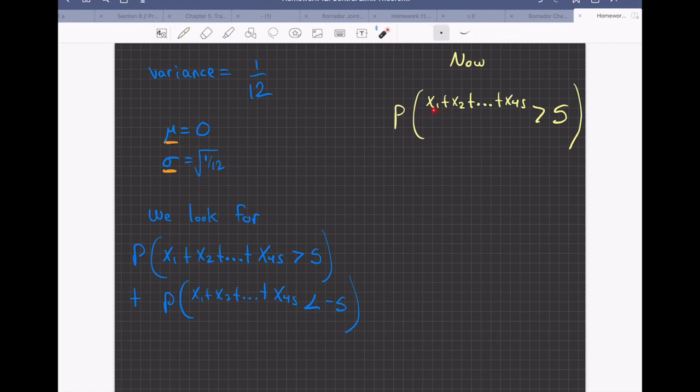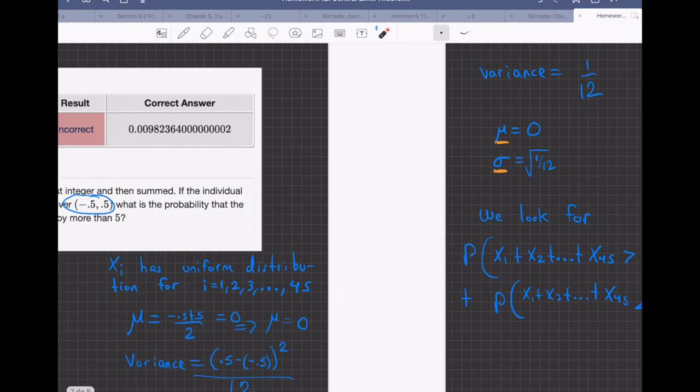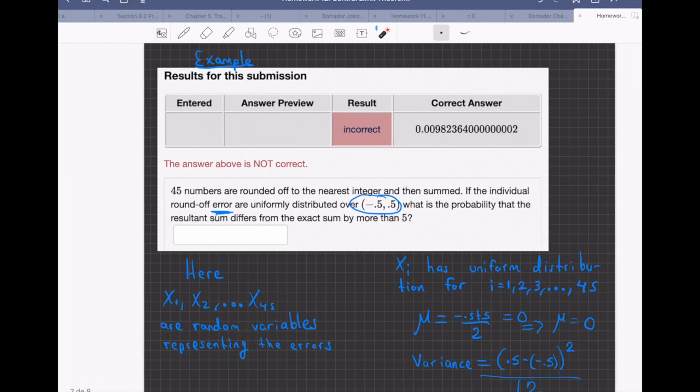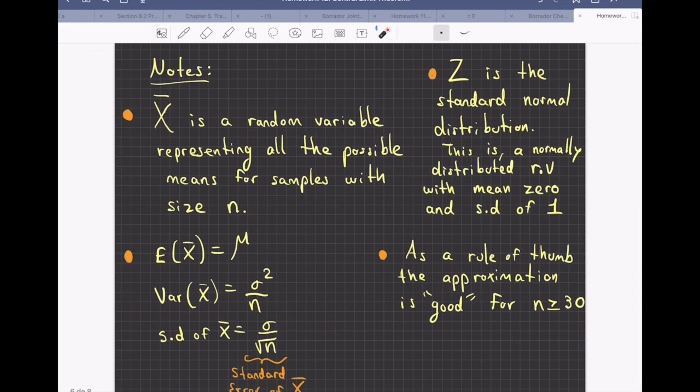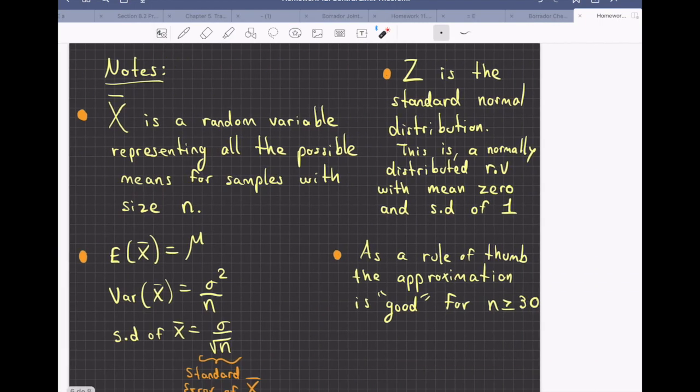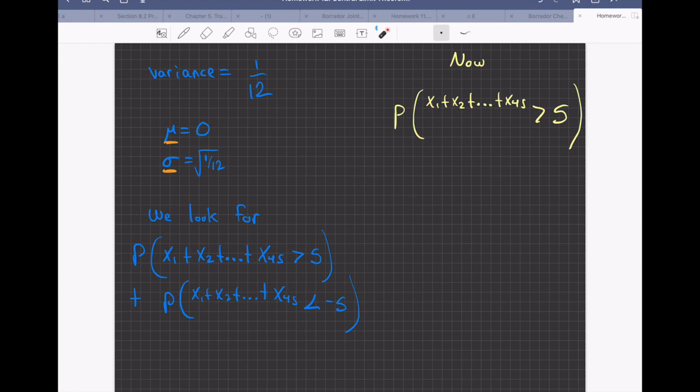We can do it because here we have a sum of random variables that are identically distributed, they have the same mean, and they have the same variance or standard deviation. So when you have a sum like that, you have to turn this sum into something related to the central limit theorem. The central limit theorem talks about the distribution of the sample mean. The sample mean is defined by the sum of the random variables divided by n. So we need to divide the sum by n, in this case n is equal to 45.